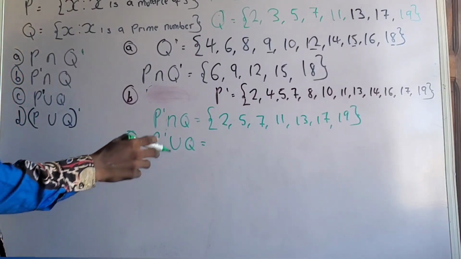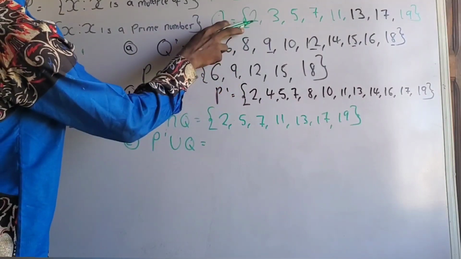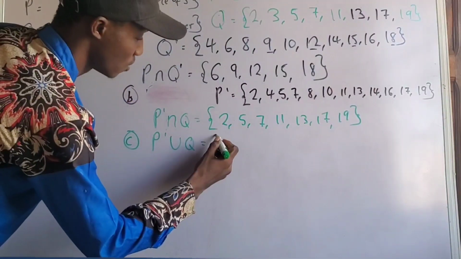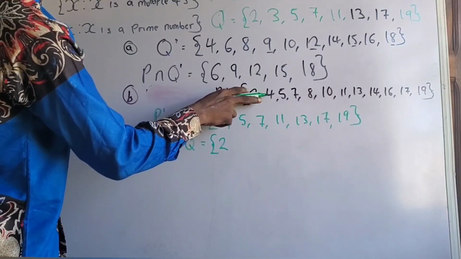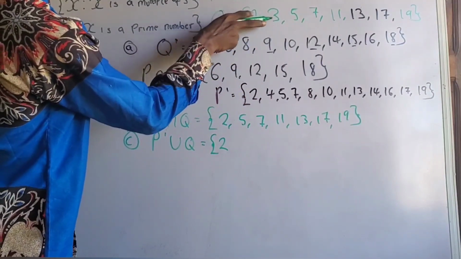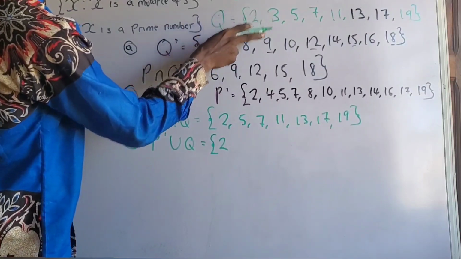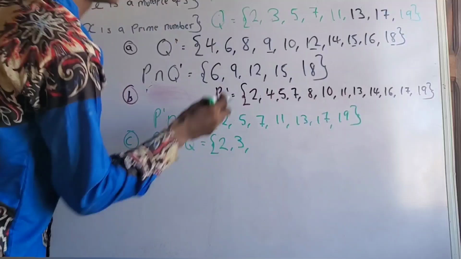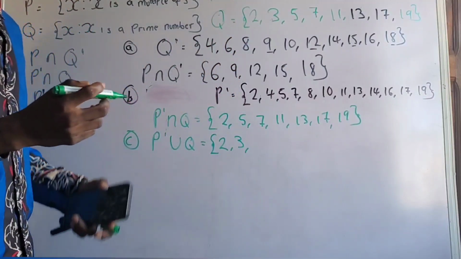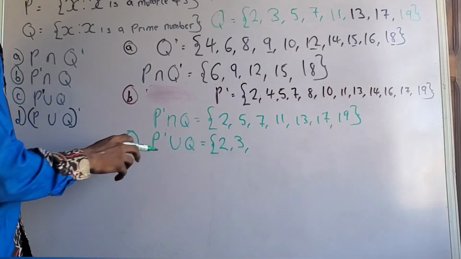So let us proceed. P prime, we have 2. 2 is also present here, so we are going to have 2. Okay, we have 4. Okay, another one. We have 3. 3 comes before 4. We have 3, but 3 is not present here, so we are going to write it. Don't forget, listing out all the elements in both sets without repetition is what we call the union of a set.